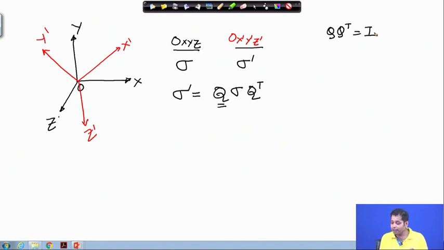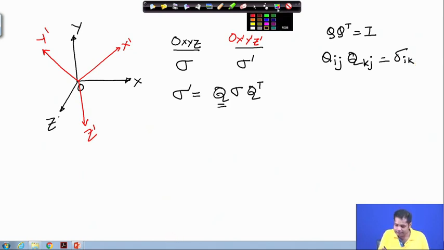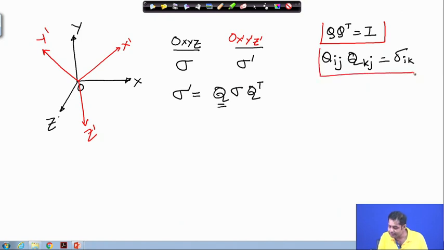Now if I write the same thing in indicial notation, it says that Q_ij and Q_kj becomes delta_ik, where delta is the Kronecker delta. This is the orthogonal property, the same thing written in indicial form.